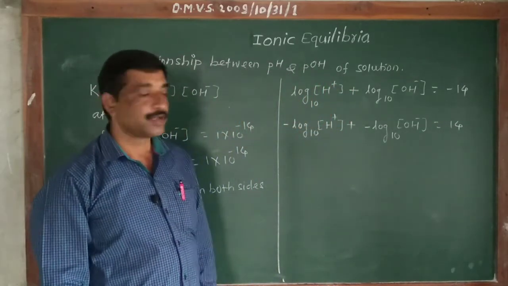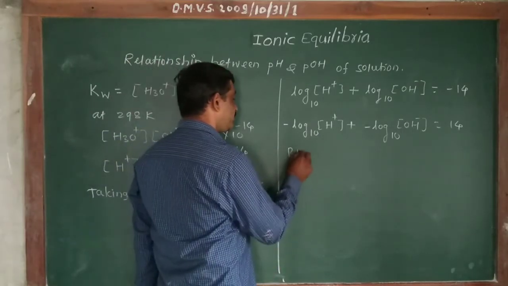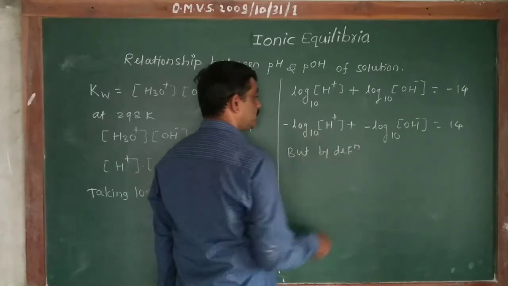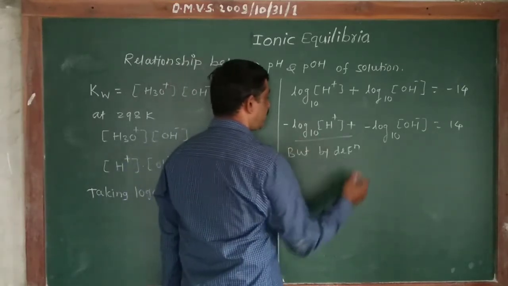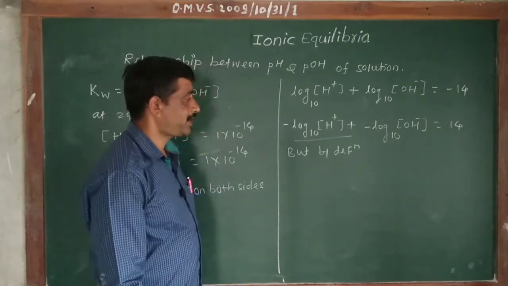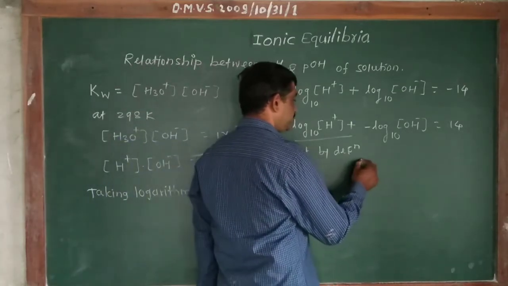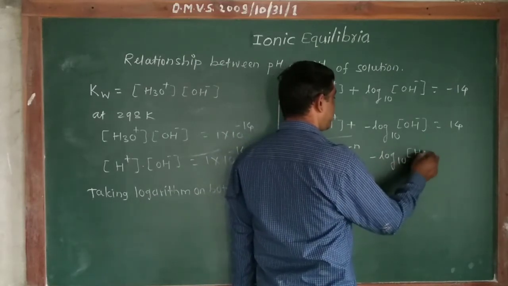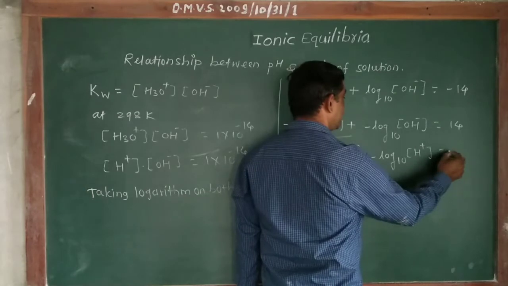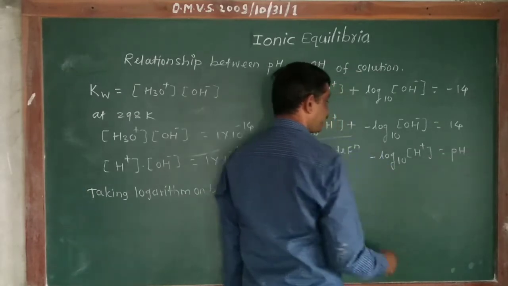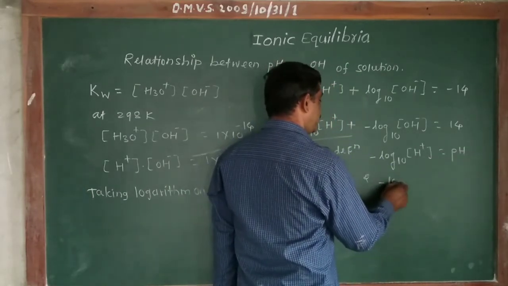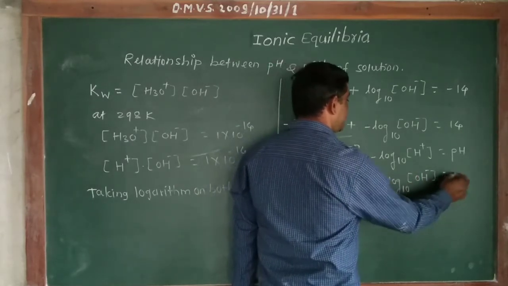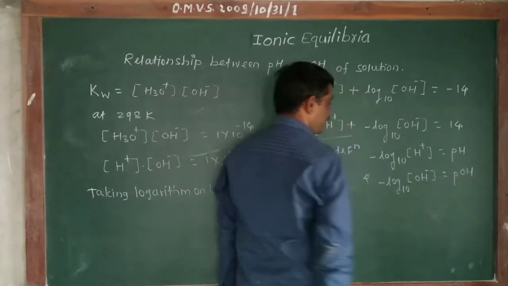Okay, but by definition of pH and pOH, negative logarithm to base 10 of H plus ions is nothing but the pH of the solution, and negative logarithm to base 10 of OH minus ions is nothing but the pOH of the solution.